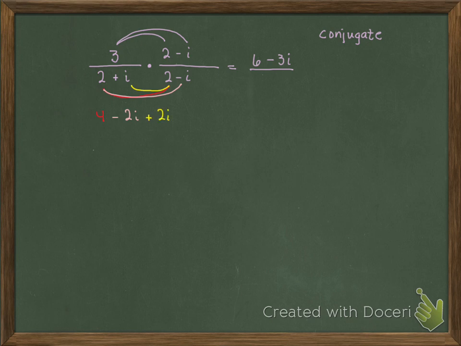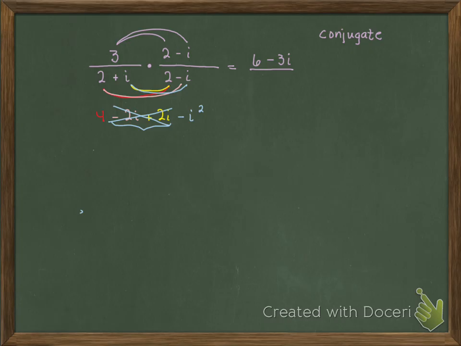And then finally, we'll go to the outside terms and get minus i squared, because negative times a positive is a negative. Okay, so what's always going to happen when you multiply a number by its conjugate is those middle terms will always subtract each other away.